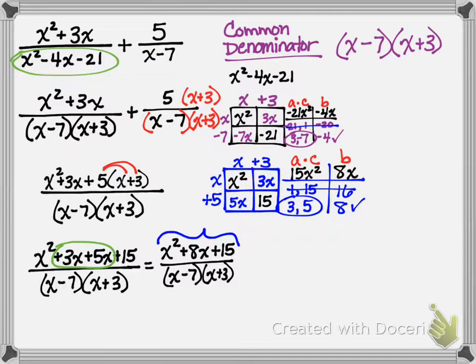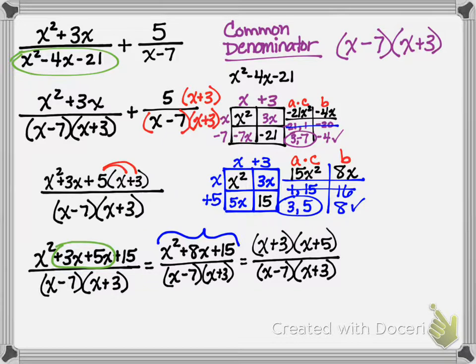So I'm going to rewrite that numerator. I have x plus 3 times x plus 5 all over x minus 7 times x plus 3.